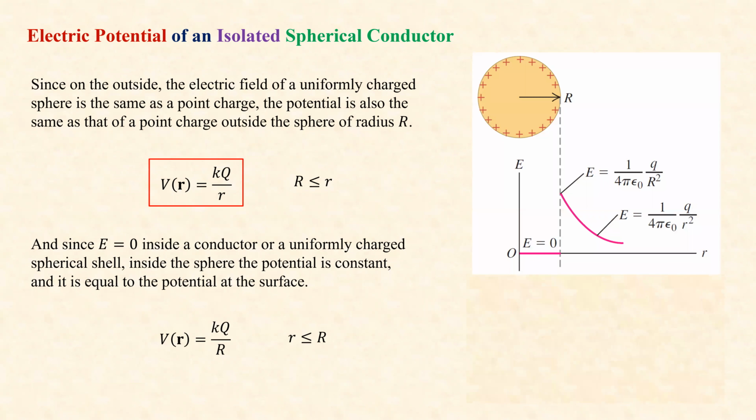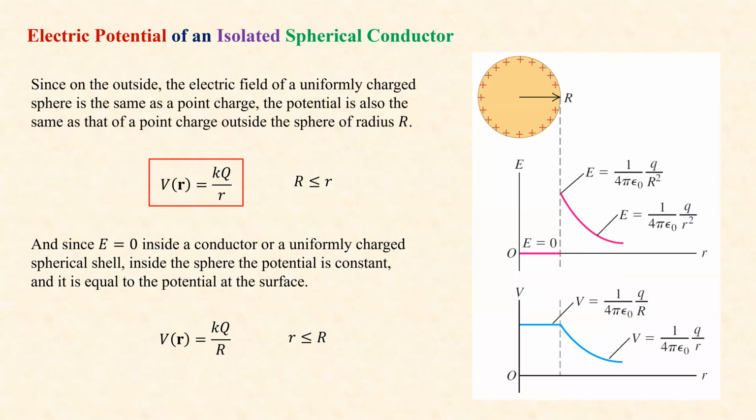This shows the electric field as a function of the distance from the center. Remember, inside is 0, outside is kQ over r squared, right? And on the surface it becomes kQ over capital R squared. And therefore, the potential becomes like this. Outside is kQ over r.